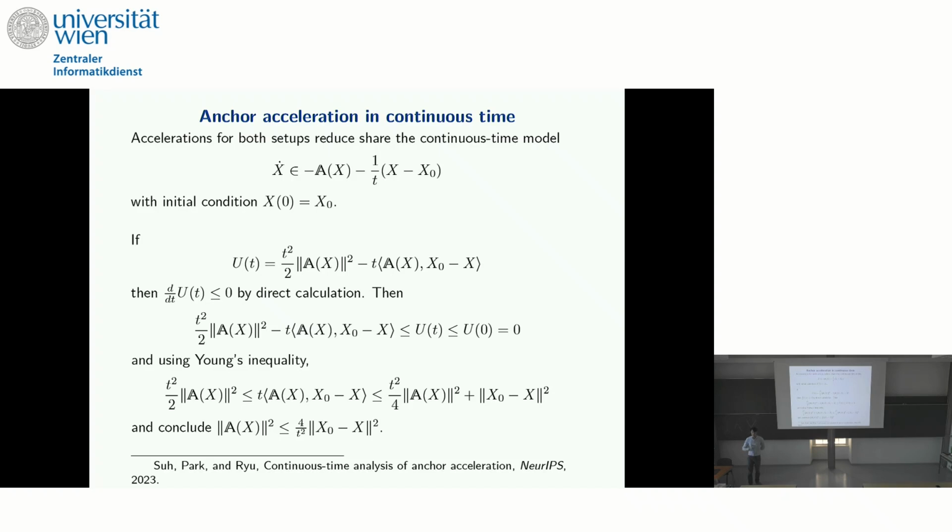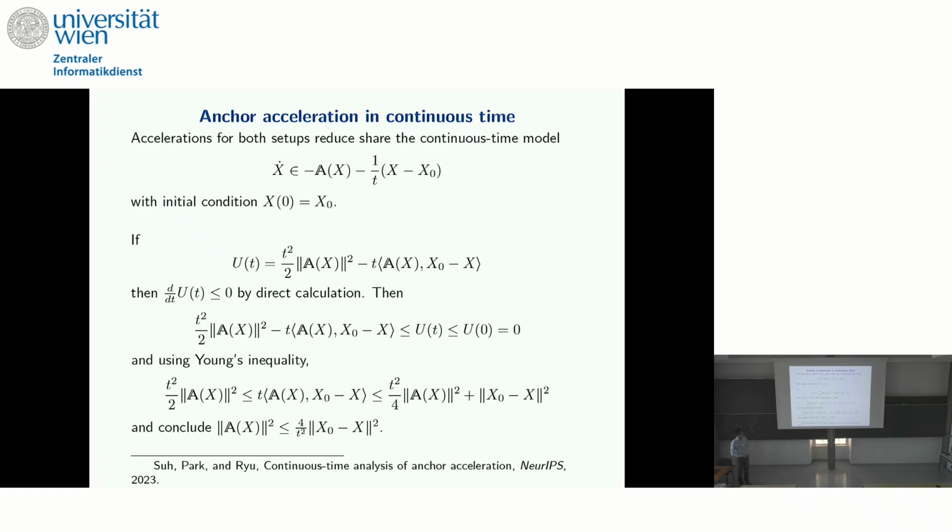So this is the dynamics. If you're unfamiliar with differential inclusions, you can mentally just replace this with an equality. If you were to look at just this first term, it would resemble gradient flow, just going in the negative gradient direction. Well, we have this anchor term where we pull the iterates, or the dynamic, back towards the starting point x0, and the strength of the anchor diminishes as time progresses.